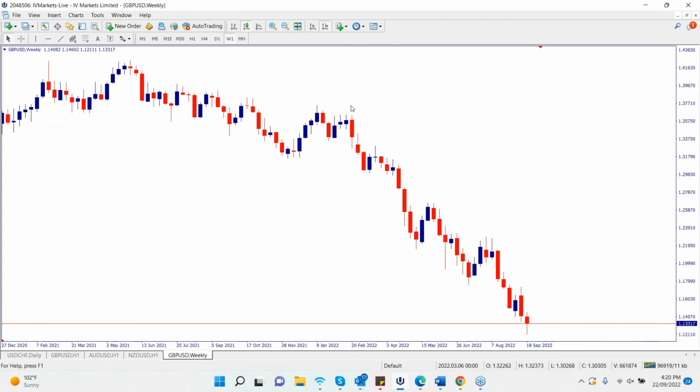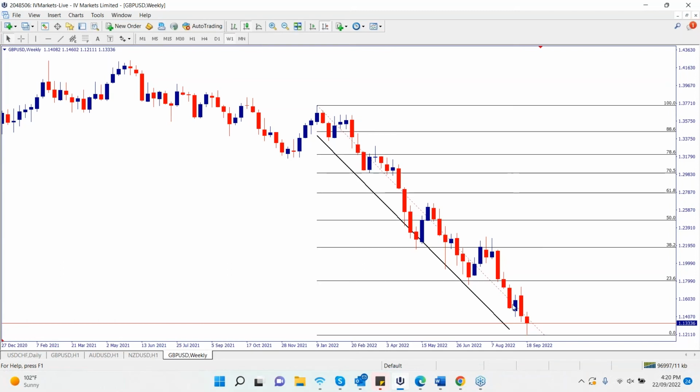So I'm considering this impulse. Okay, this is the whole impulse. So I'm just applying our Fibonacci from here to here. Okay, so this is the overall bearish momentum of the market. Now, for example, I'm looking for a retracement from these areas. So what are my levels?